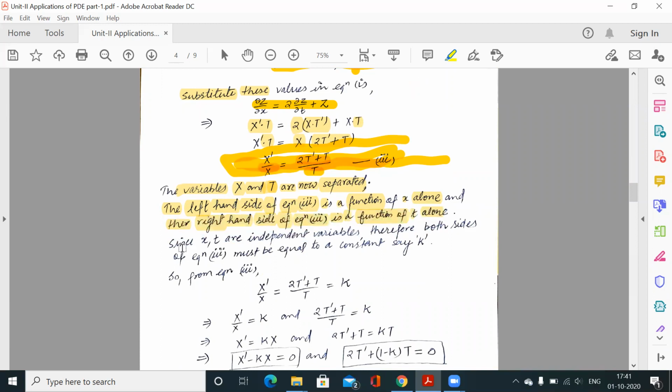Since x and t are independent variables, one independent variable is equal to another independent variable.